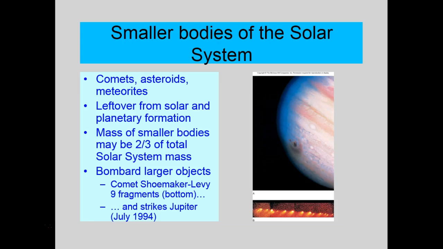It got a little too close in July of 1994, and this was first detected by an amateur astronomer who was just out there admiring Jupiter with his little telescope, because it's just an enormous thing to look at, and he noticed, what in the world are these little bright dots along a line there?